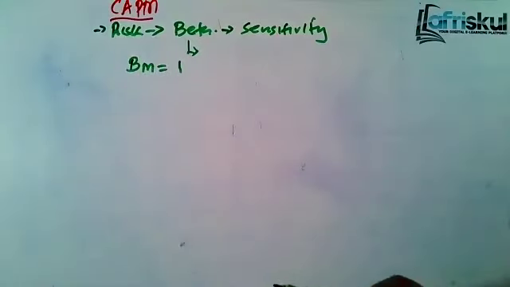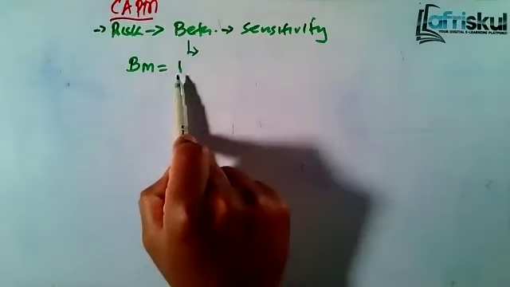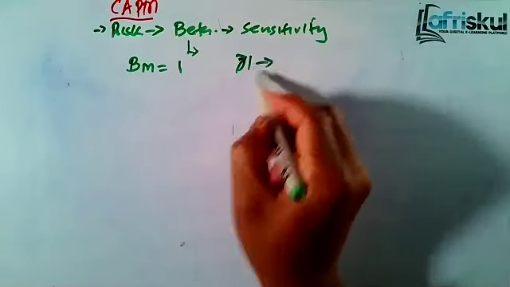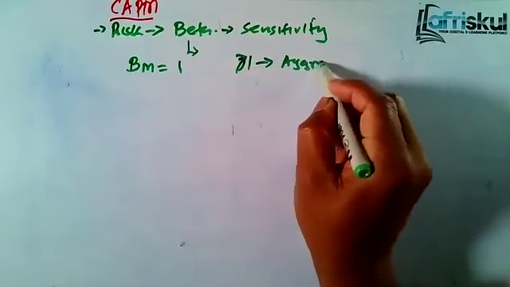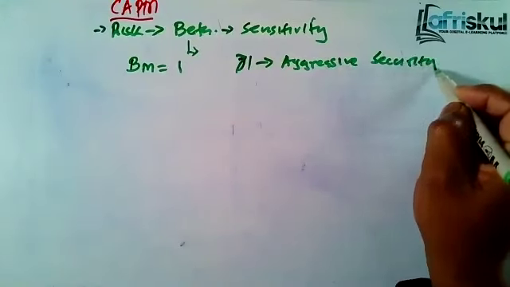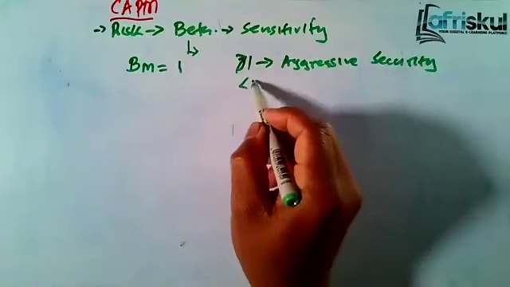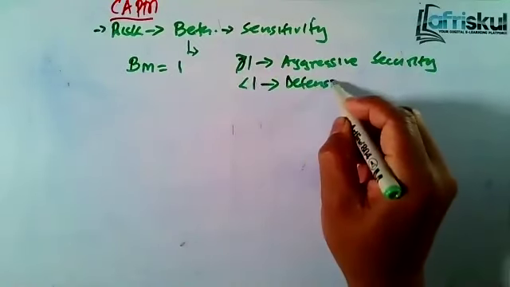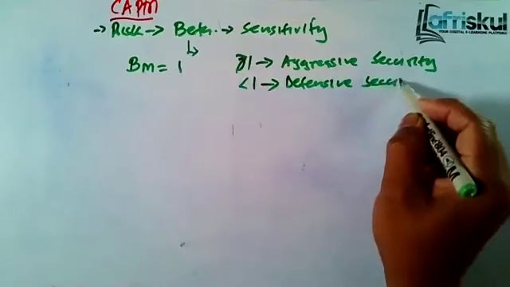to 1. In case you have a security with beta greater than 1, that's what we call an aggressive security. Those with beta less than 1 are defensive securities.